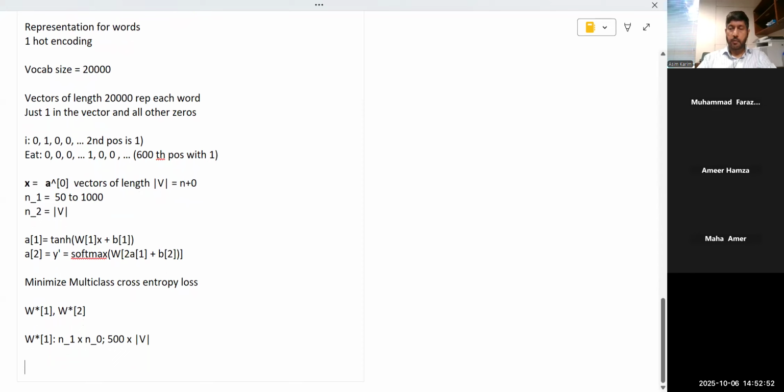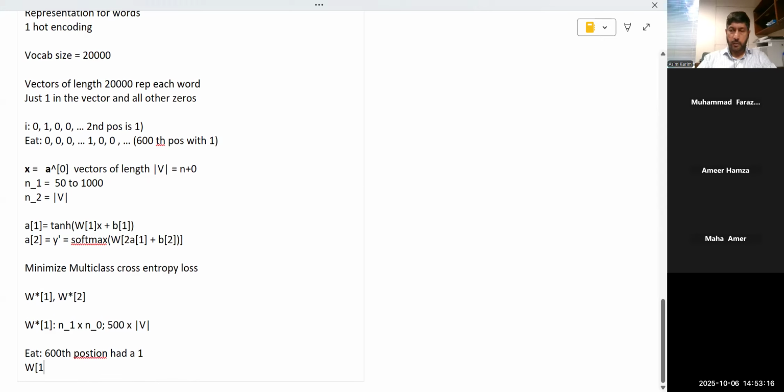So when you talk about a particular word, you get a final W. Let's say I talked about the word eat earlier; it was, sorry, 600th position that had a 1, the rest were zeros. Okay. If I multiply the eat vector with W1 times x, what would happen? 1 appears at the 600th position of this vector.